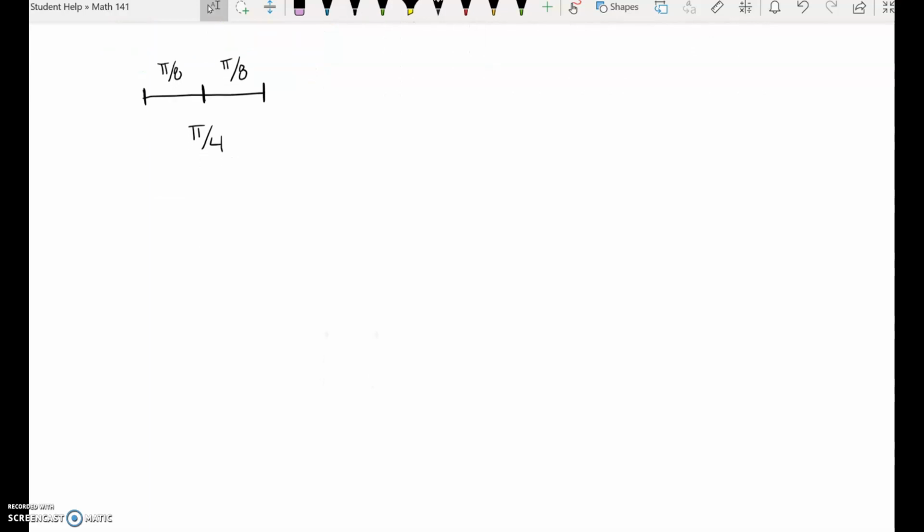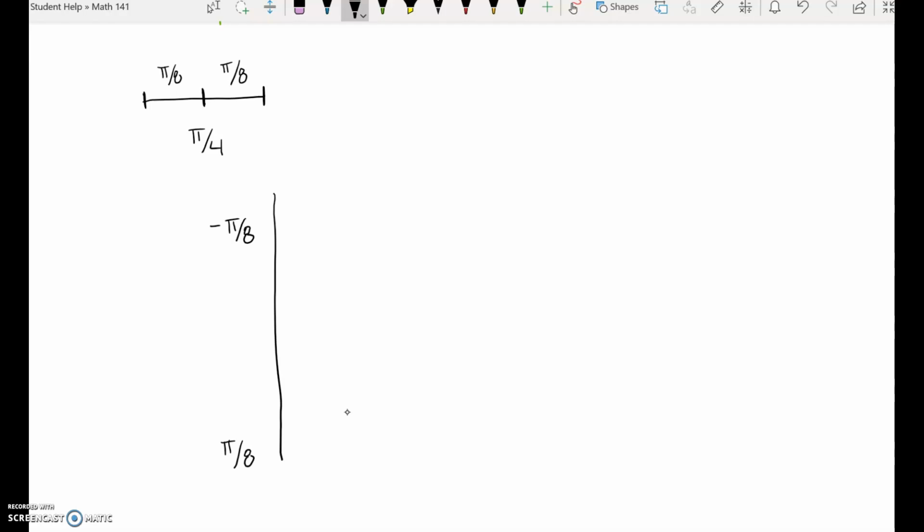And the reason that's important is because the middle of the tangent graph has to be in the center. It's going to straddle the y-axis on either side. So I'm going to go to -pi over 8 to start and positive pi over 8 for my ending.